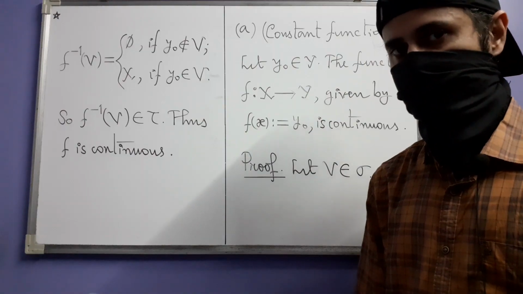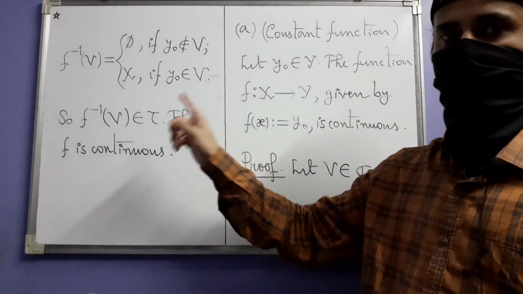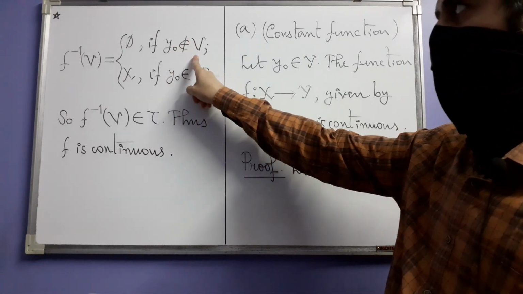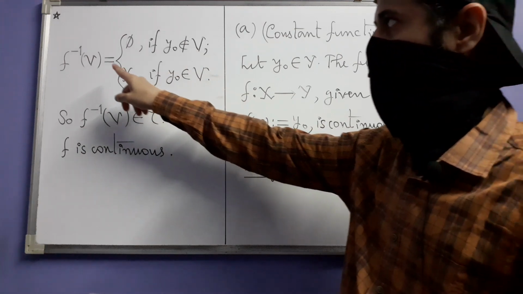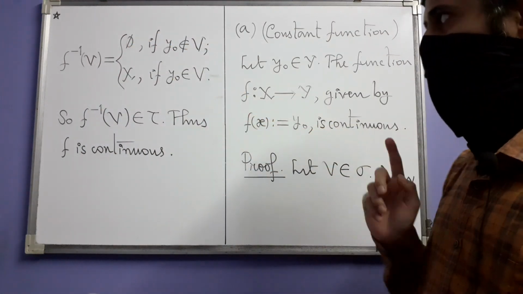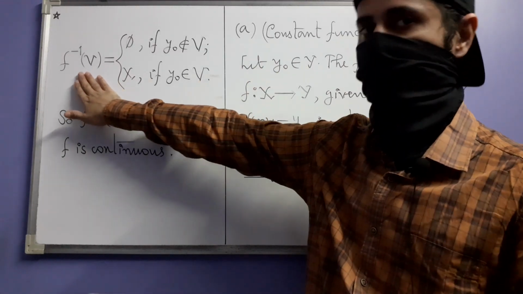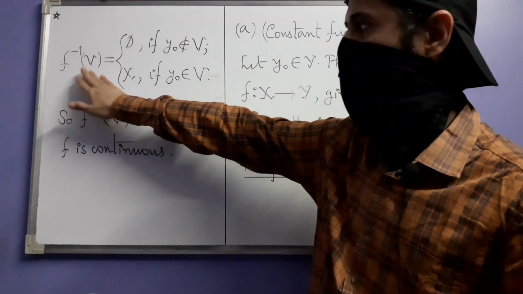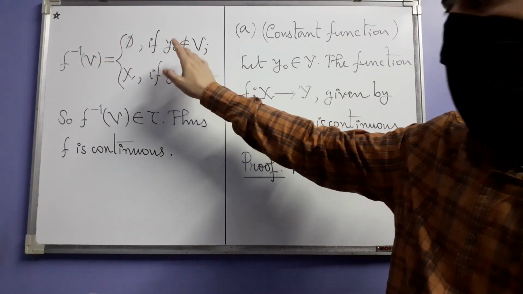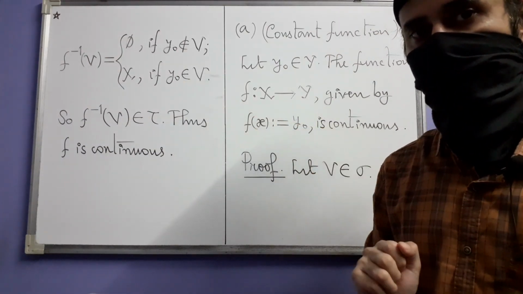Now because f is the constant function y0, it's pretty easy to figure out what f inverse of V is, like this. If y0 does not belong to V, then f inverse of V will be empty. Why? Suppose this is not empty, even when y0 is not in V. Then there must be something in this set, say that something is x.